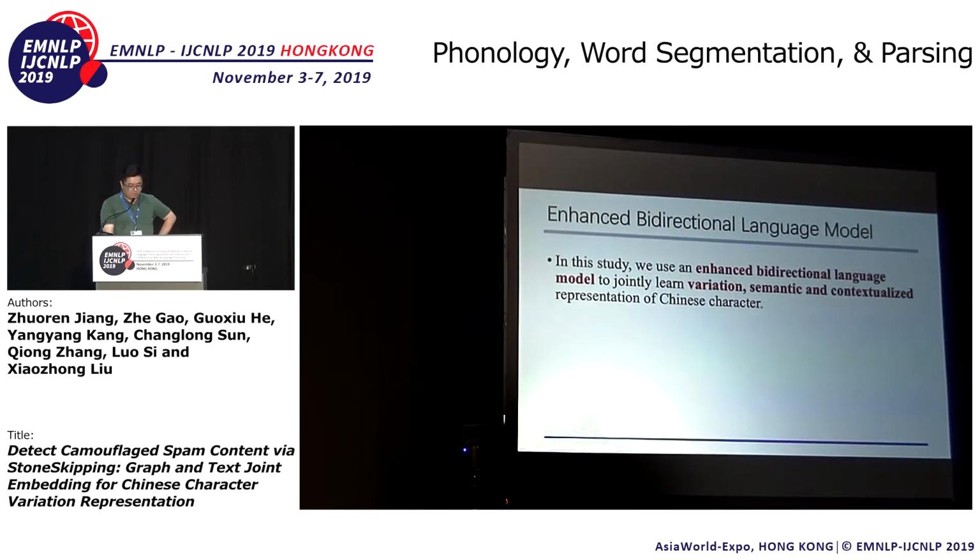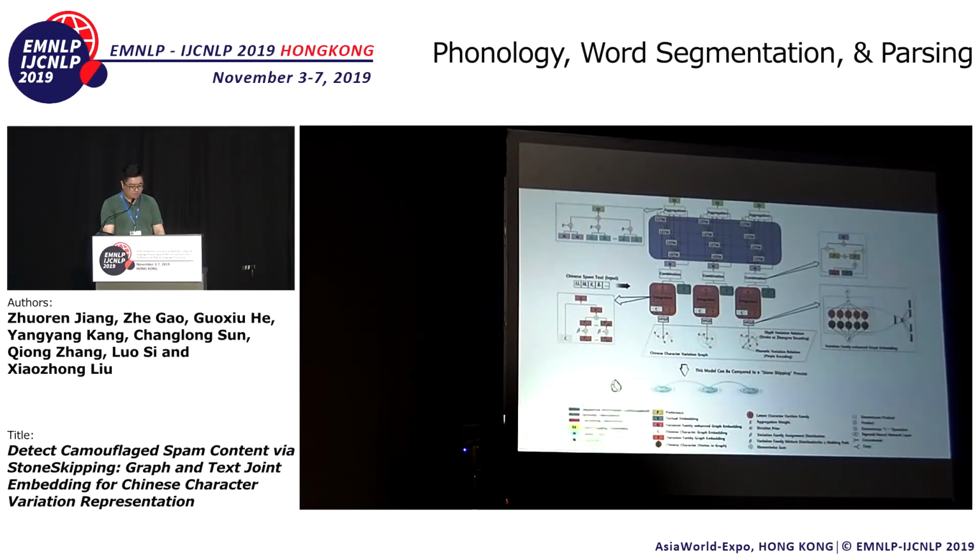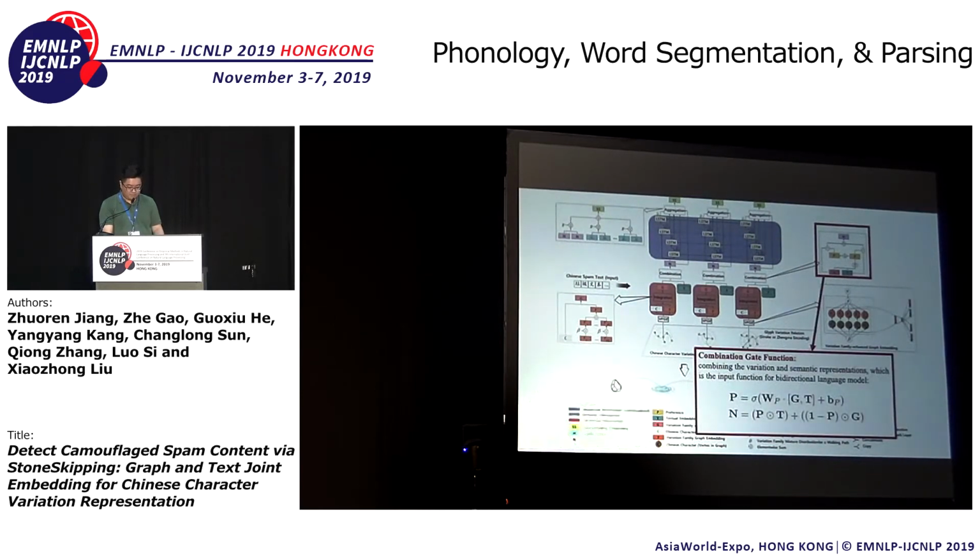In this study, we use an enhanced bidirectional language model to jointly learn variation, semantic, and contextual representations of Chinese characters. We propose a combination gate function, which is utilized for combining the variation and the semantic representations. Specifically, there's P, which is the preference weights for controlling the contribution from variation information or the textual information.